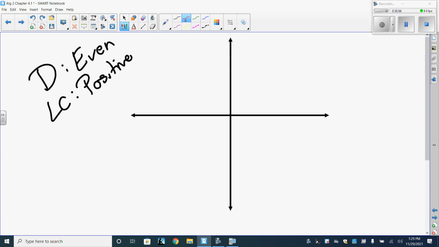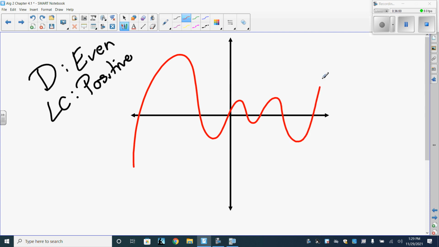We plug it into the graphing calculator, and it gives us something like this here. What do we know about even and positive is that they should both go up, yes? But where is this one going right now? So if it's supposed to be even and positive, what's this side have to do? It's got to go back up, yes? So that means somewhere over here, that graph is going to turn and come back up, yes?